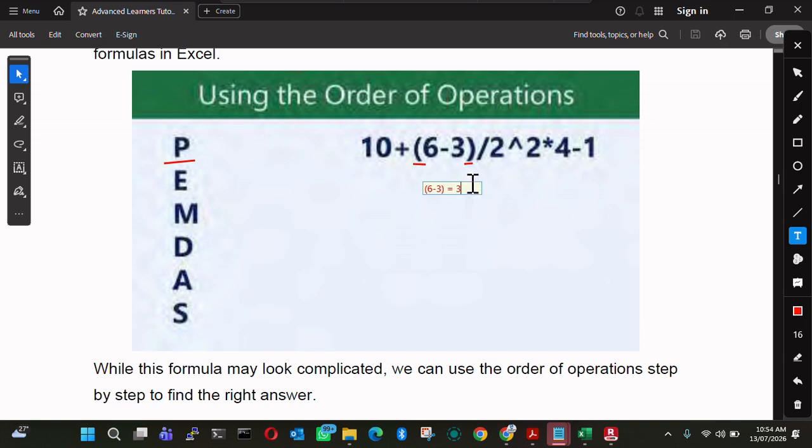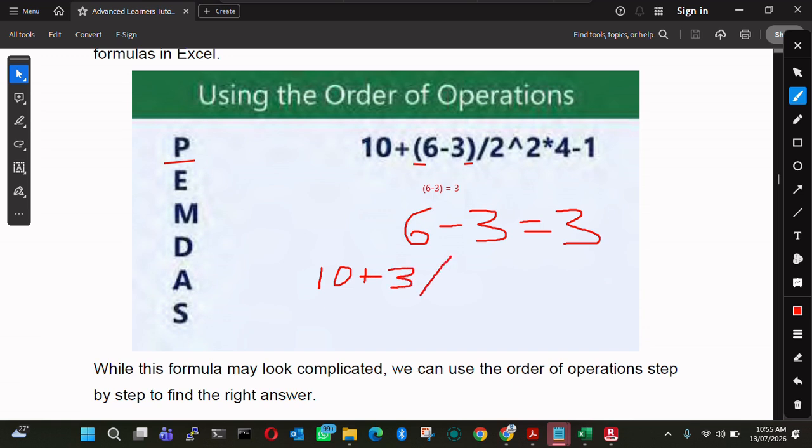So what Excel will do is say 6 minus 3, which will give us 3. So it will now have 10 plus 3 divided by 2.